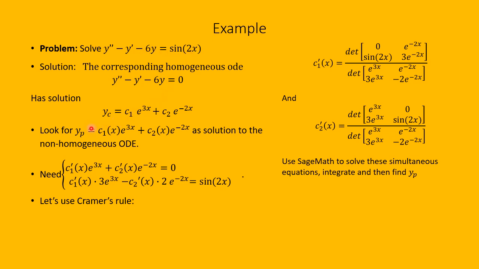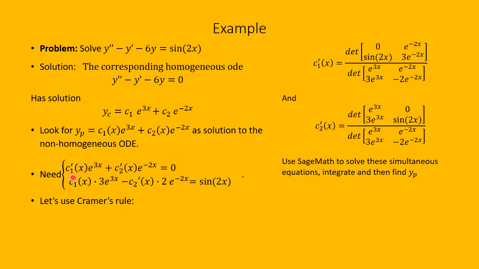So now for this non-homogeneous problem with sine of 2x on the right-hand side, we'll look for a particular solution y sub p of x, which is c1 of x e to the 3x plus c2 of x e to the minus 2x. And so the first equation, if we think of f1 and f2 as being e to the 3x and e to the minus 2x, we have c1 prime times f1 plus c2 prime times f2 equals 0.